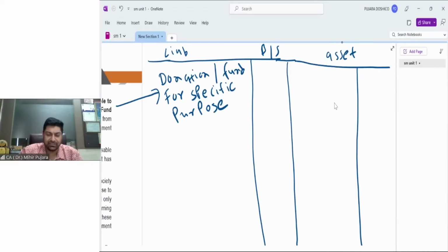Exactly how will you show this? I am telling you step by step. So, how it is shown, please write first very carefully.